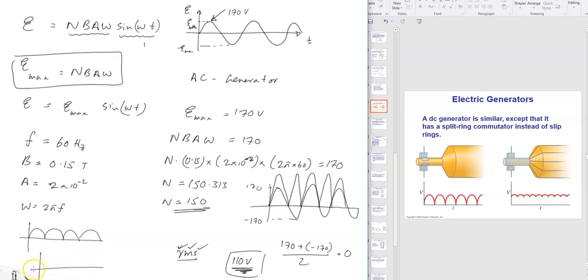But with multiple coils you can overlap, something like this. And the end result is something with more steady current, more steady voltage. Okay, that's the idea.